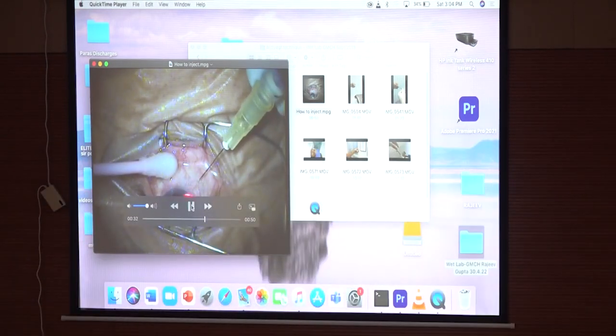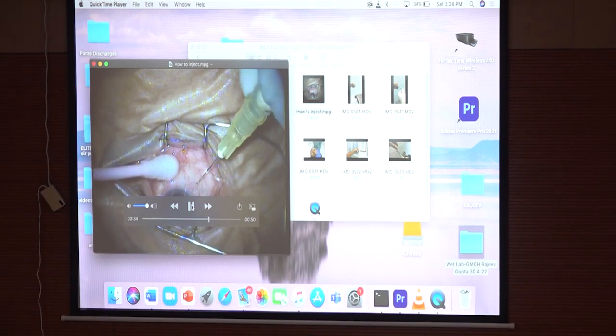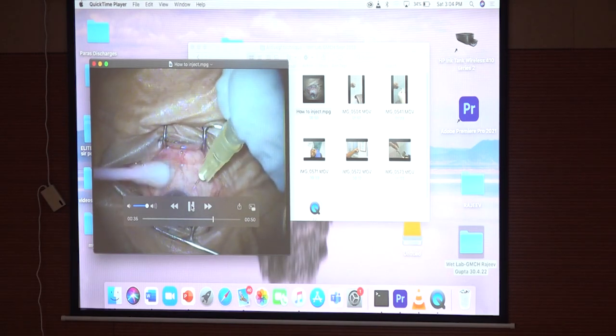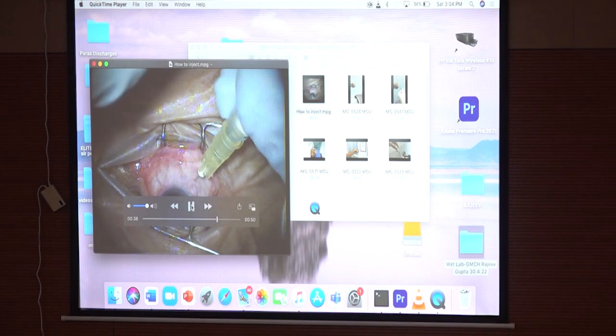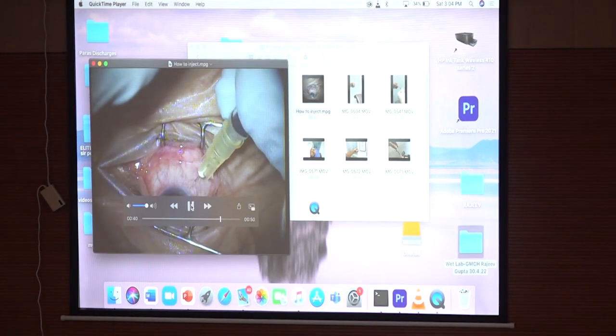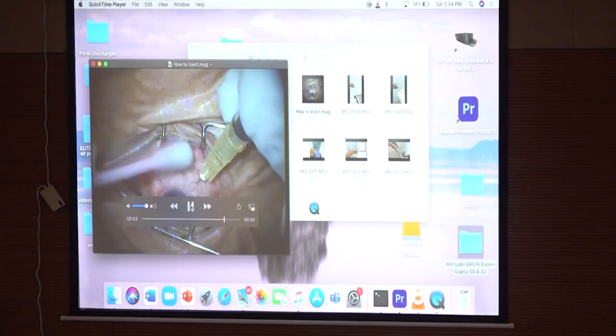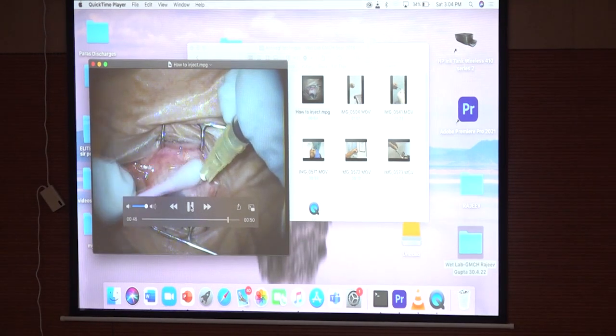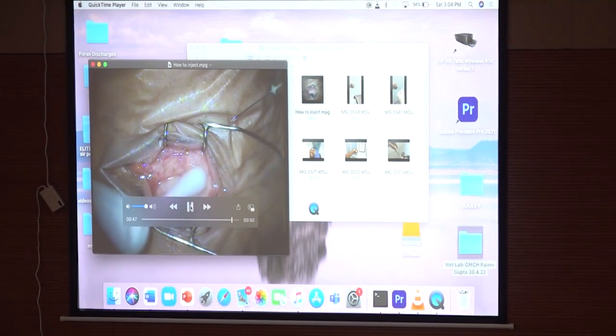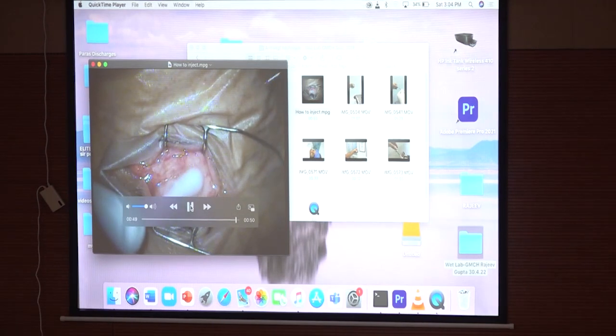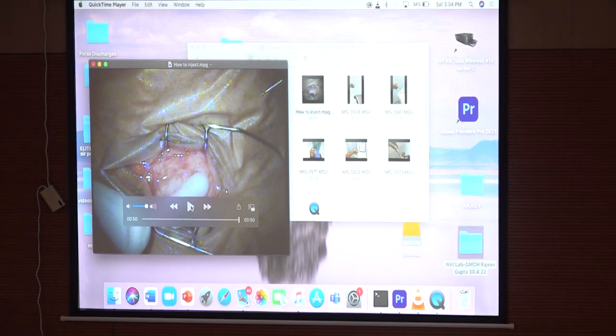With the bud you support the eyeball and go inside. The needle should be towards the mid-vitreous. The vibrations are because of the laptop, not because of my hand. Then you just massage the needle site and this is over. So very simple, just make a dimple, support the eyeball with the bud, go in and take out.